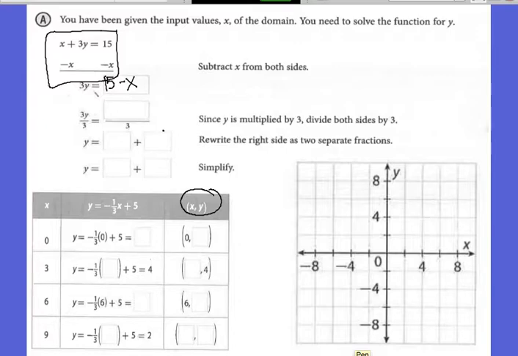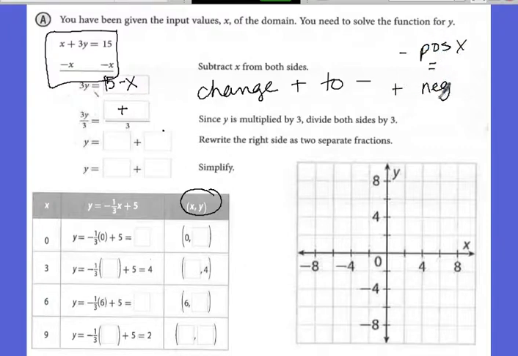So remember, we can only use the commutative property when we have addition. So we need to change subtraction to addition. But in order to do that, I know that minus positive x is the same as adding a negative x. So I have to change that in here.